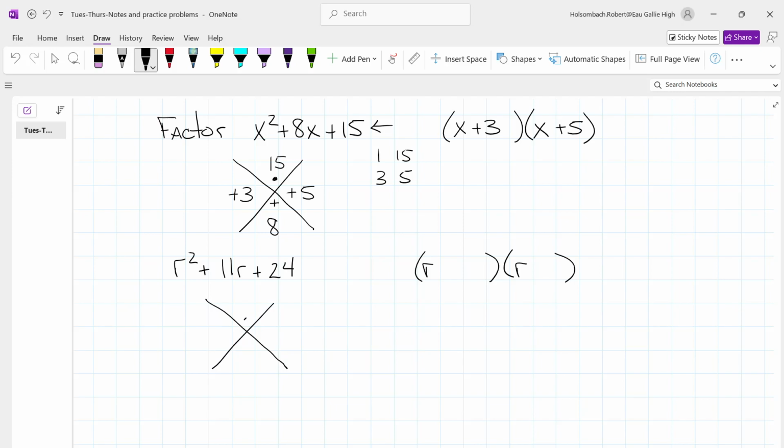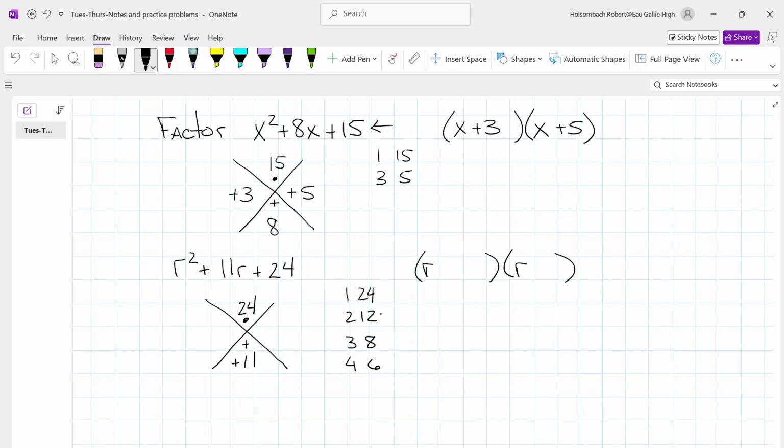We need two values that multiply to 24, but add to positive 11. So some of you already know what those values are, but the factors of 24, we got 1 and 24, 2 and 12, 3 and 8, 4 and 6, and that's it.